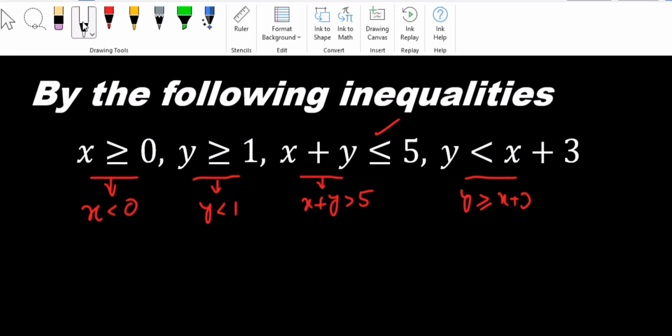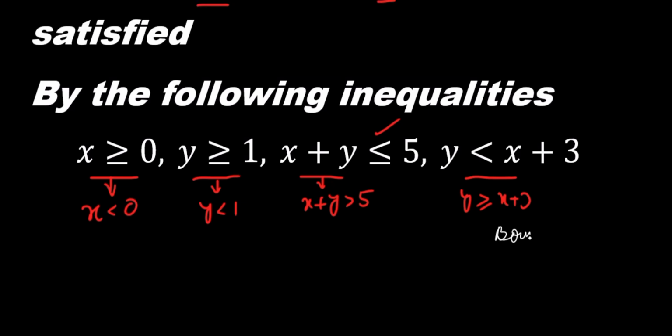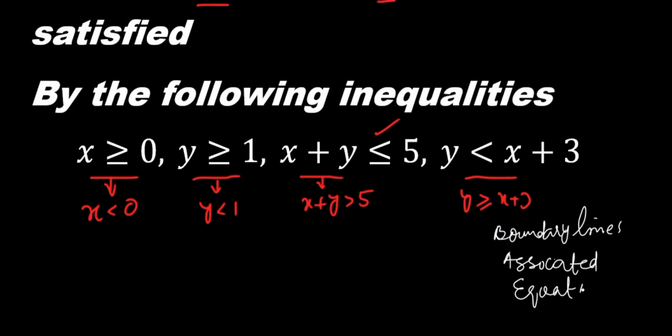Next we find boundary lines, also called associated equations. These boundary lines or associated equations can help us to draw the graph of given inequalities.